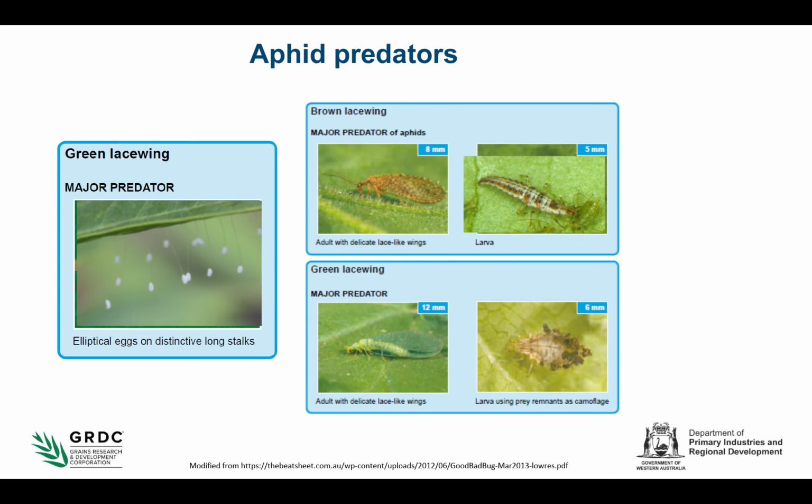The larval stages are voracious aphid predators. The brown lacewing actively feeds on aphids, and the green lacewing larva has a habit of putting aphid casks on its back as camouflage. They are quite good to have in our landscape, and with them we can keep aphid numbers right down.